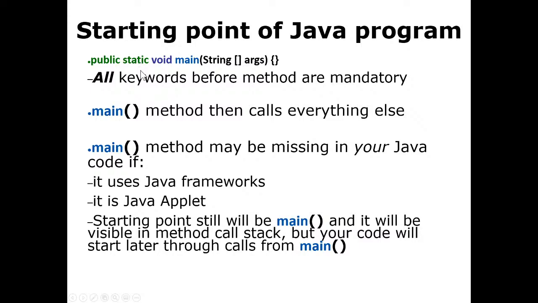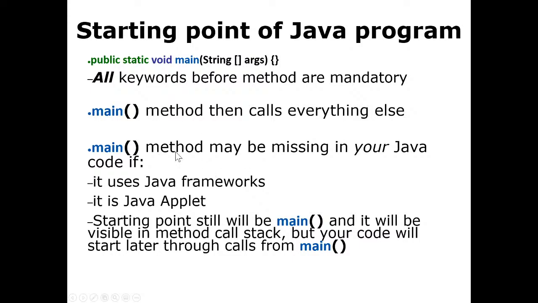It's static, that means that we don't need any instance for this method, and we don't have any returning parameters. Actually, we have no place to return them, so it's just a void. Yeah, main is the name of the method, so it's possible to execute it from everywhere. Right.